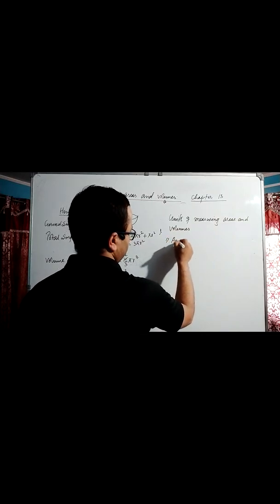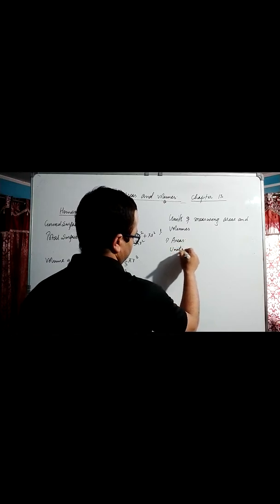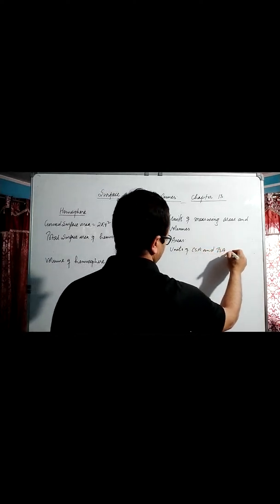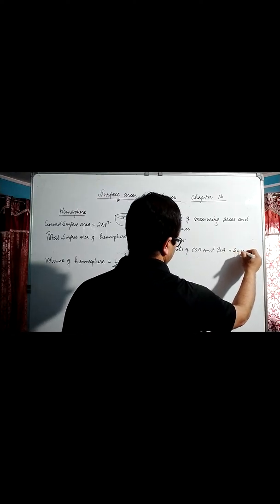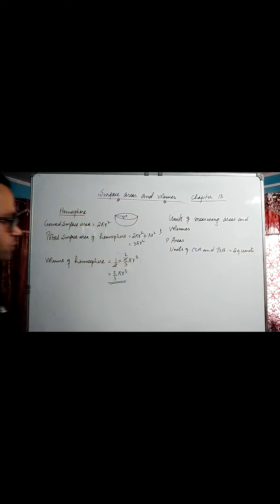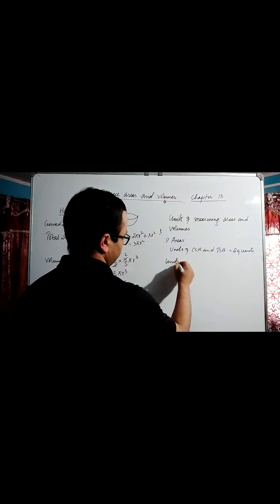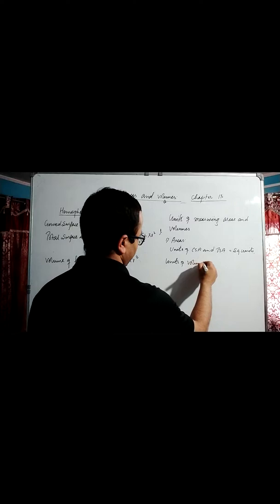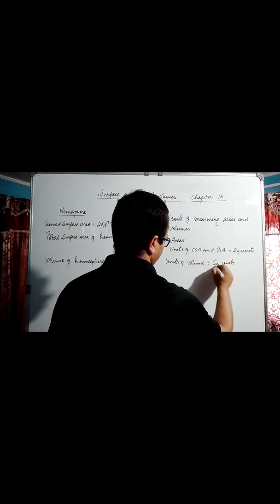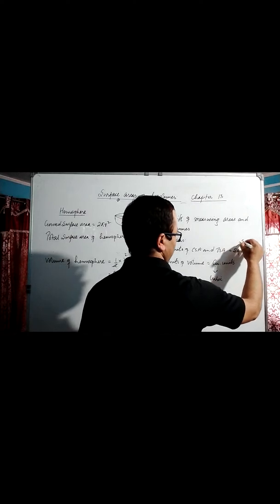Number one, for areas, the unit of CSA and TSA is square units. In case of area, the unit will be square units. And in case of volume, the unit of volume will be cubic units, cubic. It is square.